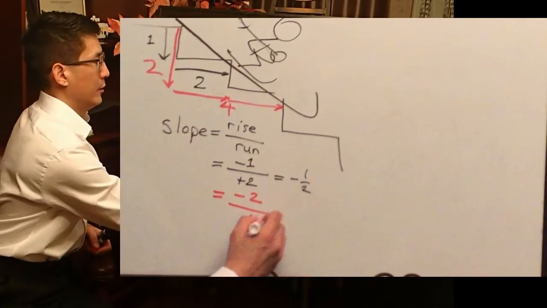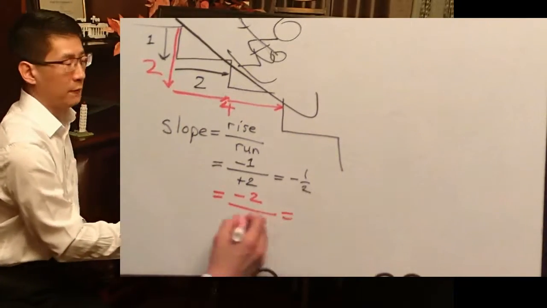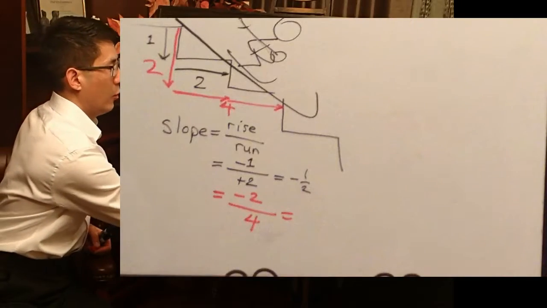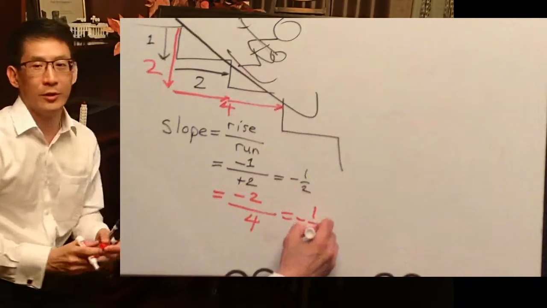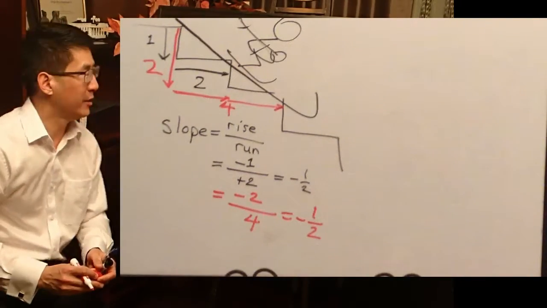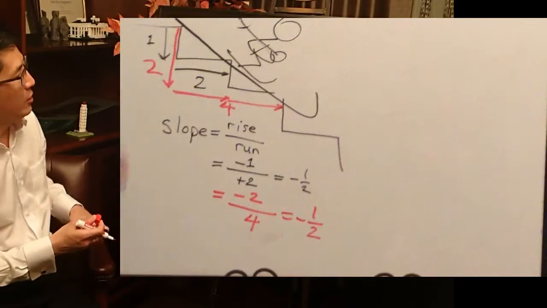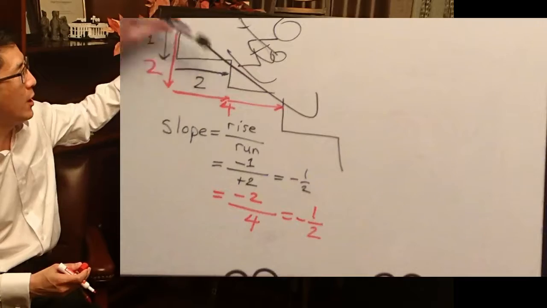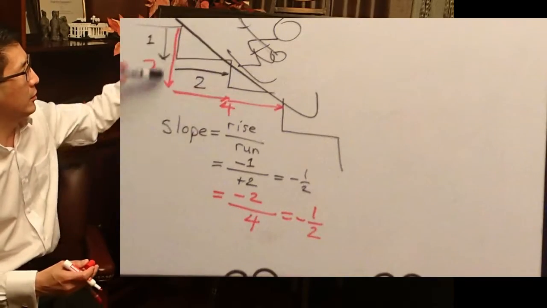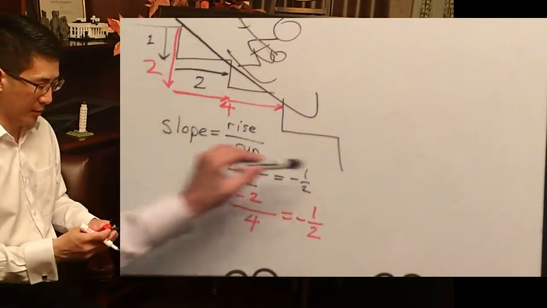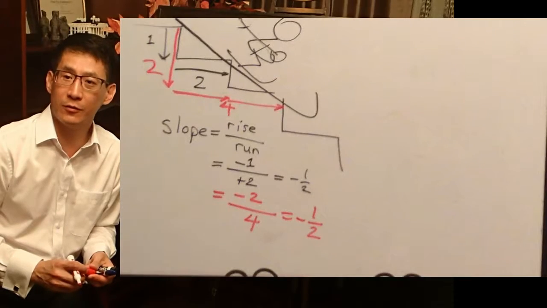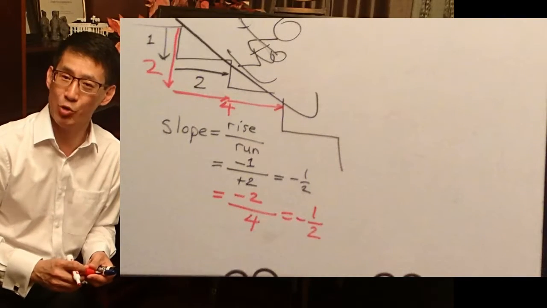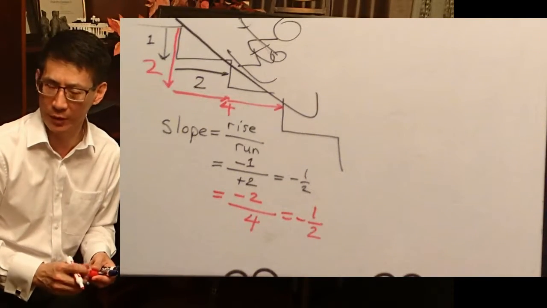Hey, check it out, -2 over 4 is -1/2. Same fraction reduced. Therefore, as the angle downward stays the same, the slope is the same, regardless of how big a measurement we take.